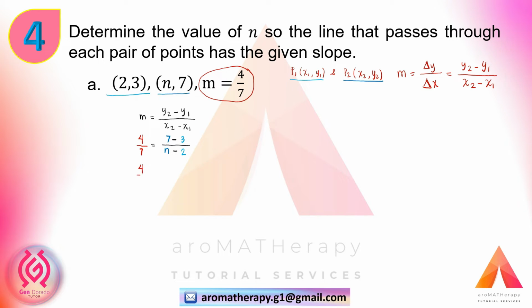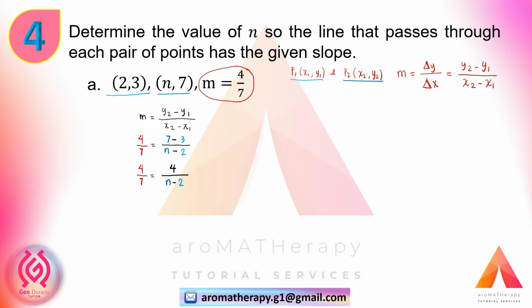So you have 4/7 is equal to, what is 7 minus 3? 4. So you write 4 over n minus 2, or you just copy n minus 2. Next, in order to solve for the value of n, we need to cross multiply this one and this one.